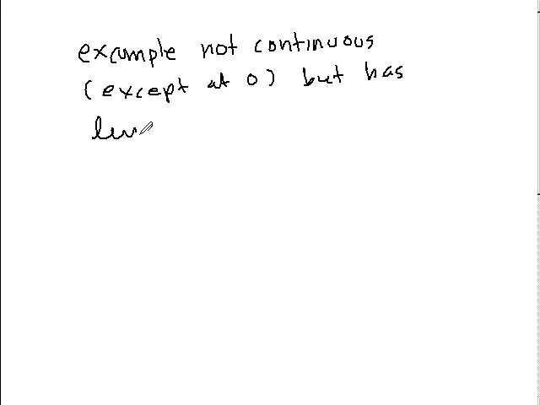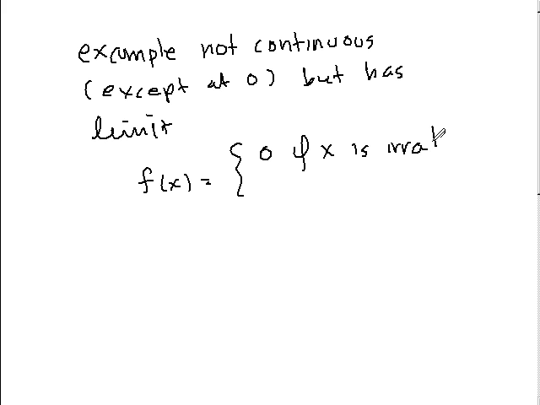Obviously, if it's continuous, it has a limit. So just look at the function f of x equal to 0 if x is irrational, which is most everywhere, and it's equal to x if x is rational.